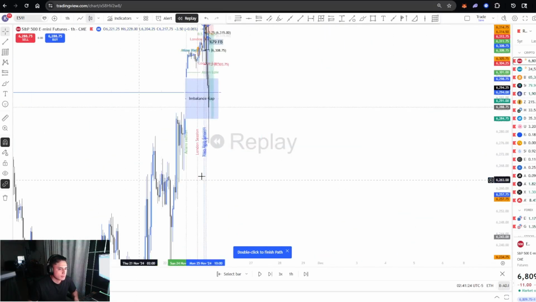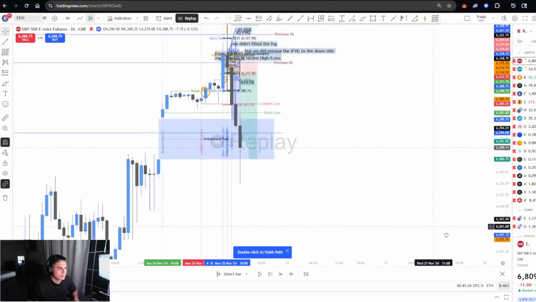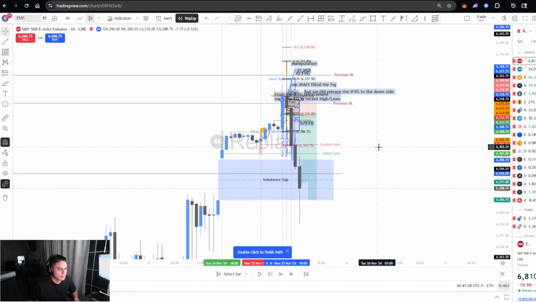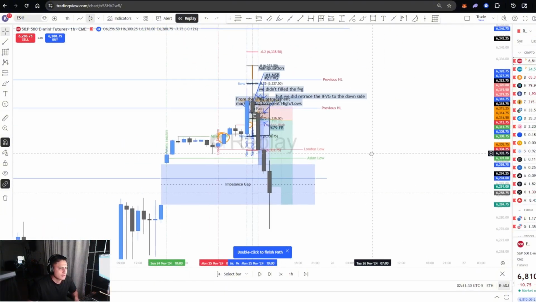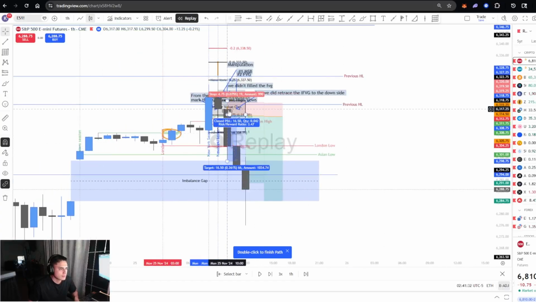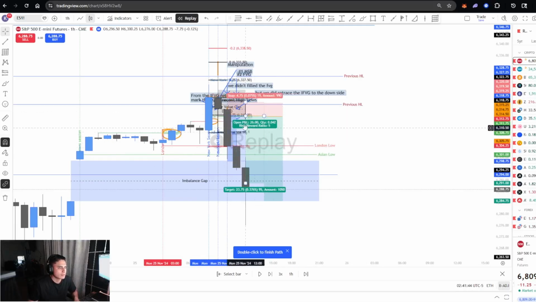Something that I forgot to mention is that before entering, from 10:10 to 10:30, let's say 10:10 is right here, you want to look at the candle and see if it looks bearish or bullish. The situation was bearish, so I figured it's going to keep continuing down since it's a pretty strong bearish candle.